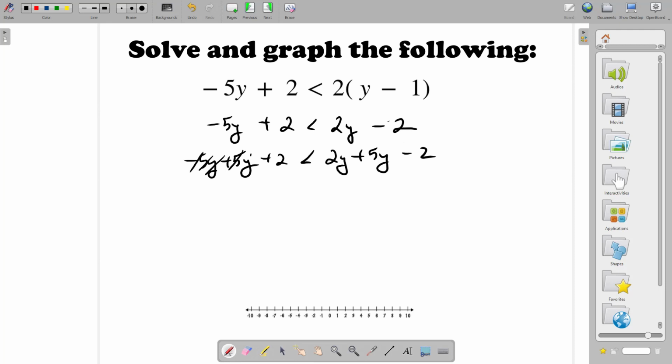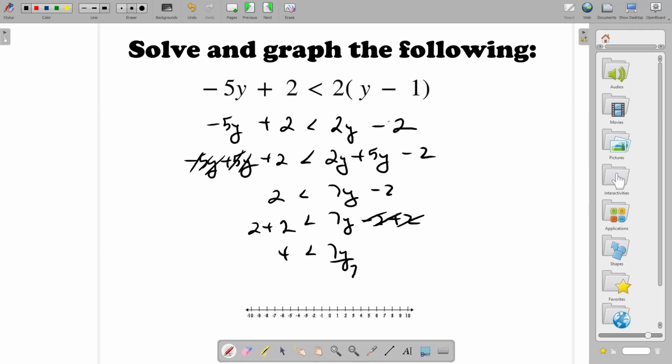Over here, the 5y's add out. I get a 2. 2y and 5y is 7y. Now I'm going to add 2 to this side, add 2 here, these add out, left with 7y, it's 4.